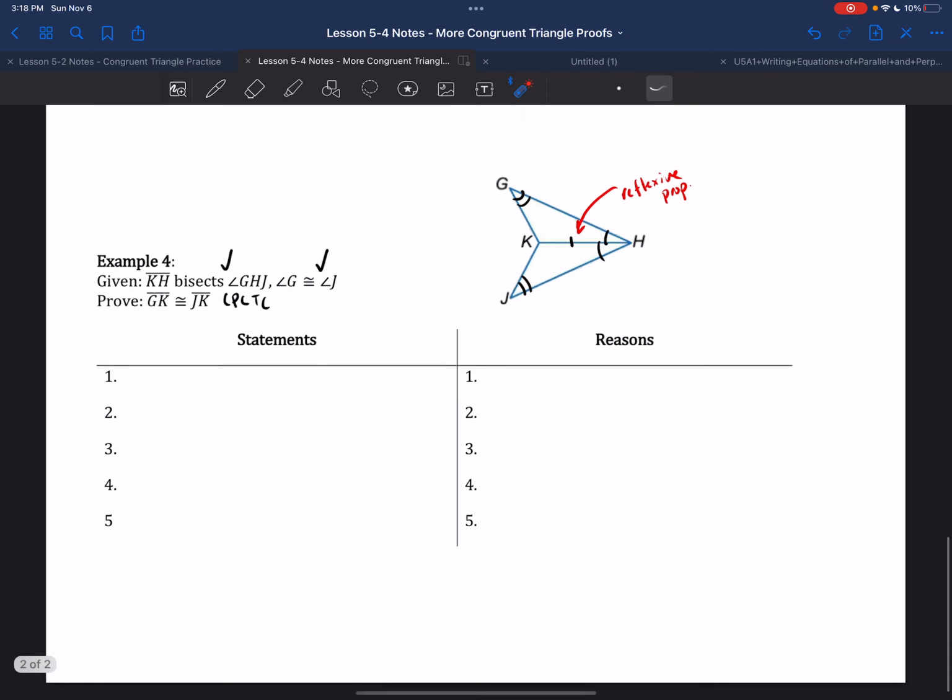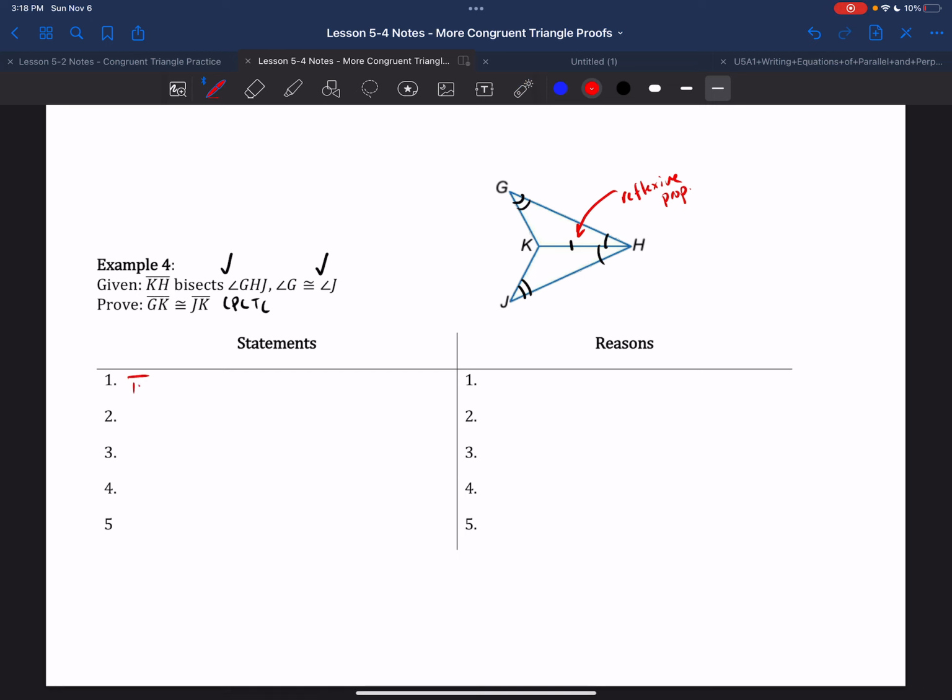Number one, let's go ahead and write the given. So segment KH is bisecting angle GHJ, and angle G is congruent to angle J. That's going to be my given, okay? So again, it says segment KH bisects angle GHJ, and you're going to tell me what the result of that is.